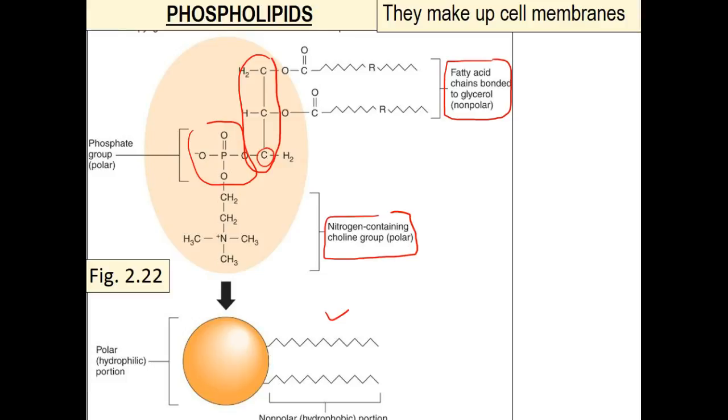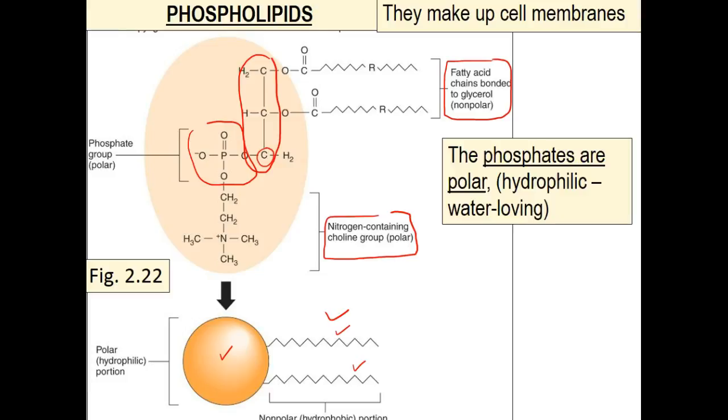Here is an artistic rendition of a phospholipid. Many artists draw it with a ball and 2 fatty acids. The phosphate is polar, or hydrophilic, water-loving side of the phospholipid, and will be facing outward, outside the cell, and also to the inside of the cell in a lipid bilayer.